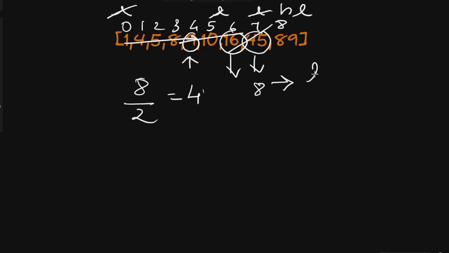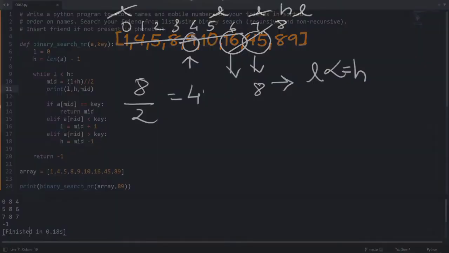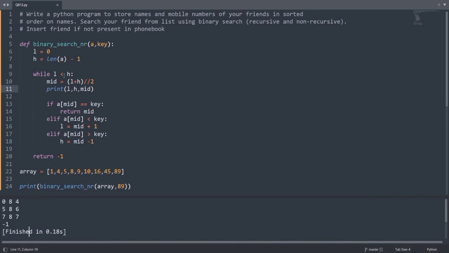It's not compulsory that L should always be less than H. It can also be equal. It shouldn't be only greater. So L can be less than or equal to H. They may be pointing at the same position and that may be the value. So you have to change this, add an equal to, and execute.